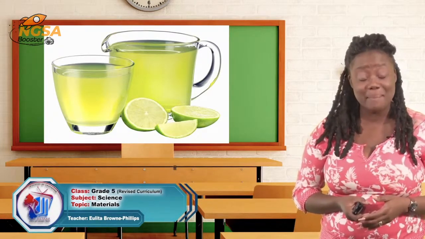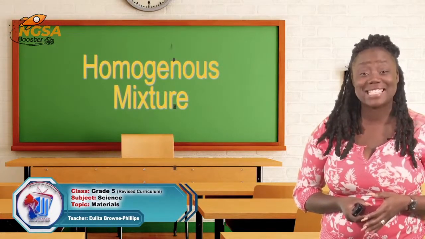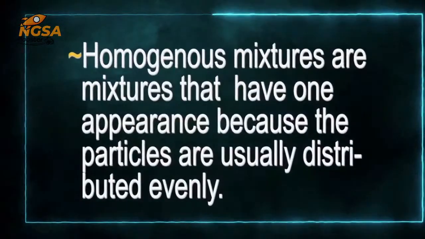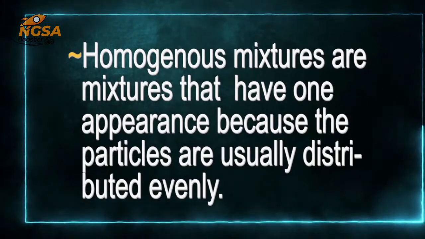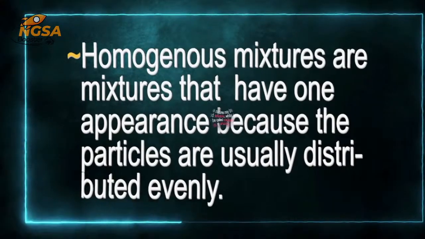This is an example of a homogeneous mixture. Yes, that is a big word, homogeneous. Homogeneous mixtures are mixtures that have one appearance because the particles are usually distributed evenly.